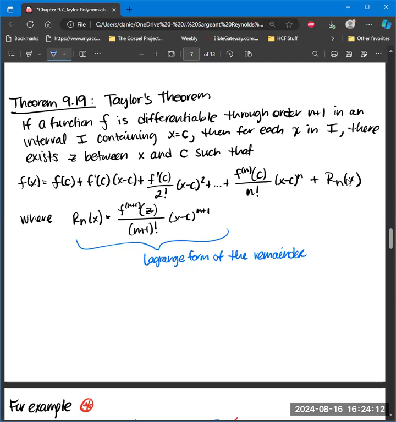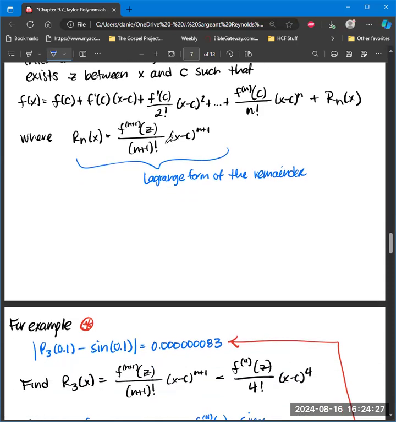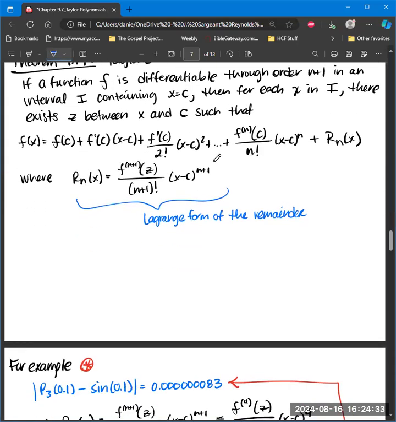This is called the Lagrange form of the remainder. Don't worry about all that, those are just the names for them. But you're basically looking for the next term in the polynomial, plus or minus. That would be your possible error in this approximation.